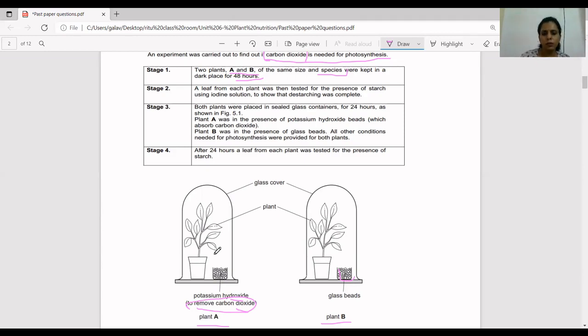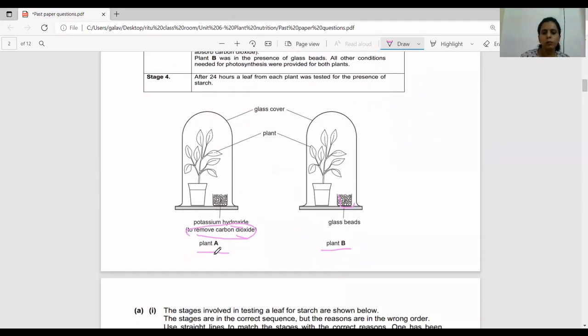So we have kept potassium hydroxide beads here so that they can absorb all the carbon dioxide gas from the air trapped inside the glass cover. And in the beginning of this question it was mentioned that this experiment was conducted to investigate the importance of carbon dioxide gas for the process of photosynthesis.